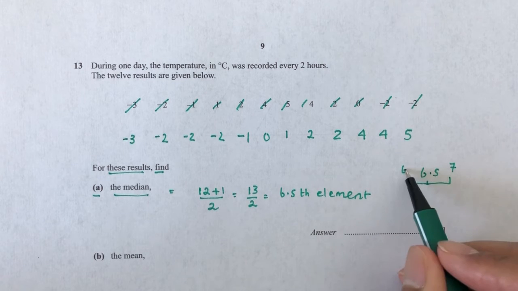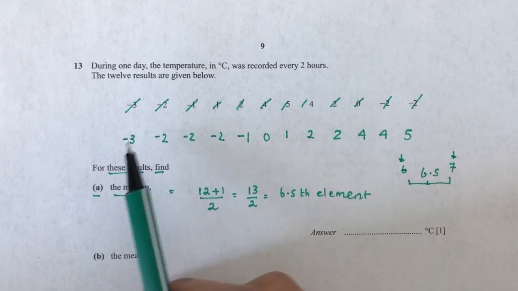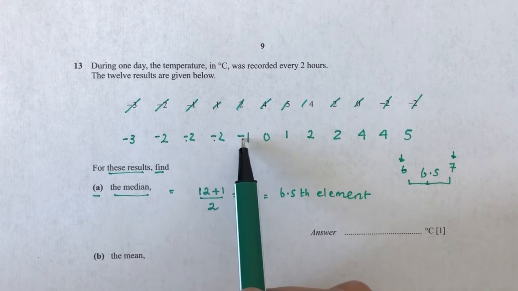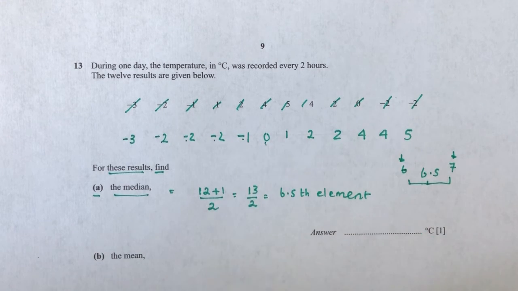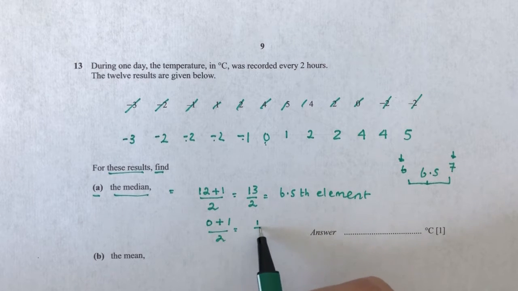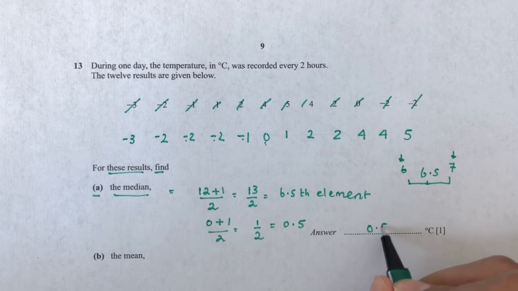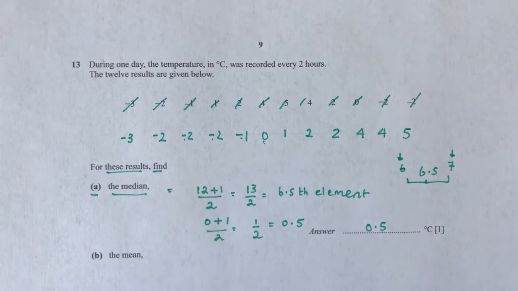So we have to find the average of the 6th element and the 7th element. So 1, 2, 3, 4, 5, 6. 6 is 0 and 7 is 1. So what is the average of 0 and 1? So we have to do 0 plus 1 divided by 2. It will be 1 divided by 2. It will be 0.5. So your answer for part A will be 0.5 degrees Celsius.